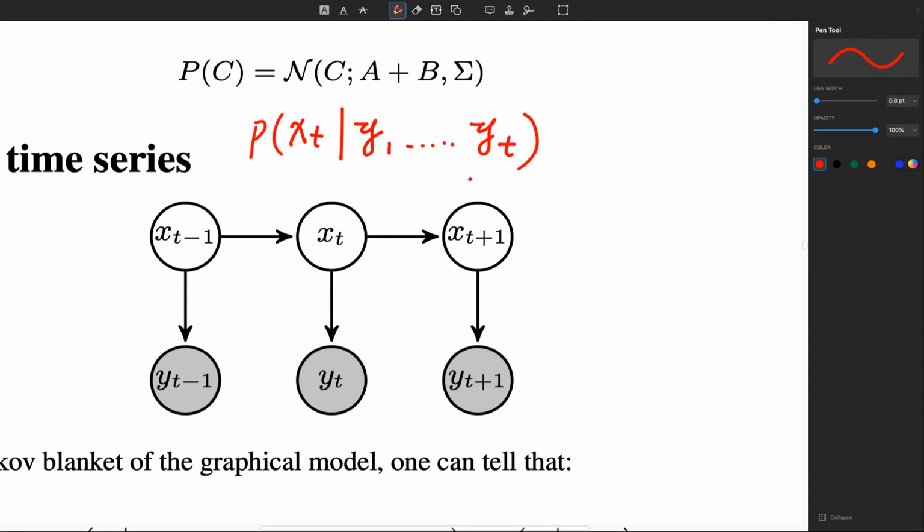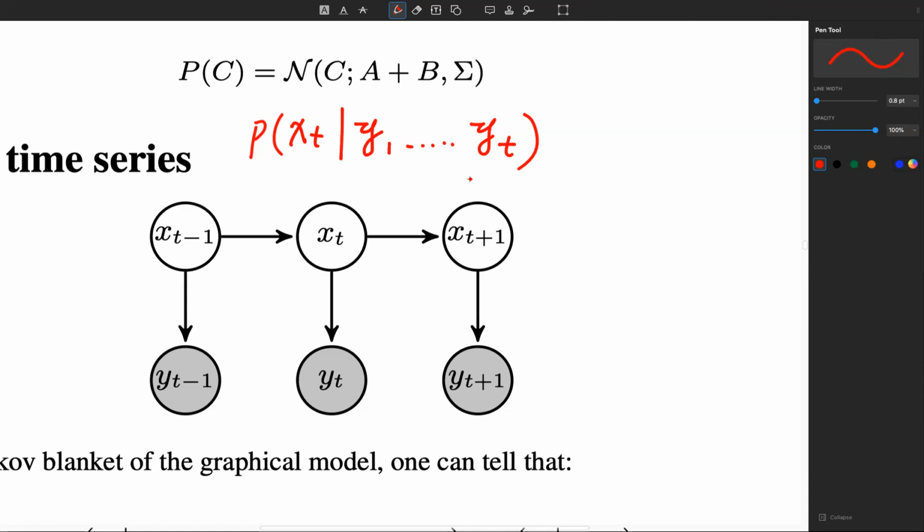When people track rockets, you basically have your ground stations, and they take certain measurements of your rocket, right? And your rocket will probably have some kind of sensors that also measure certain velocities and things like that. Okay, so that's your Y.